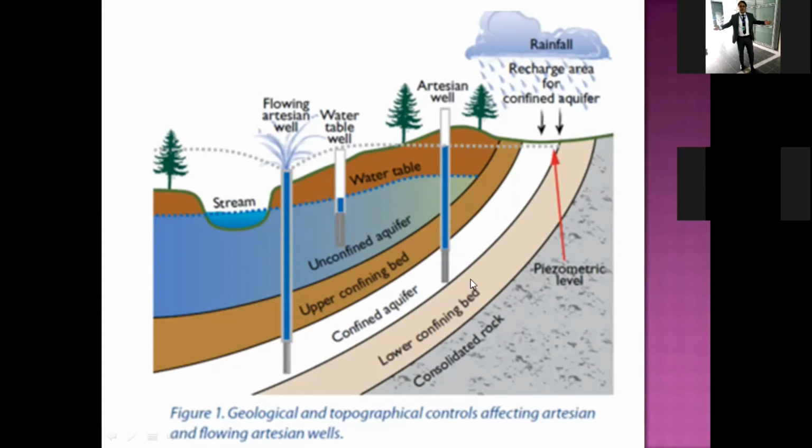That means it has impermeable or non-porous layers, those layers that cannot hold water. And as a result, it is just like a sandwich. This porous layer, this layer having water, is just like a sandwich between two non-watery layers. So when you put a well here, that well actually comes into contact with the aquifer, and you can see that in the artesian well, the water rises and maintains its level.